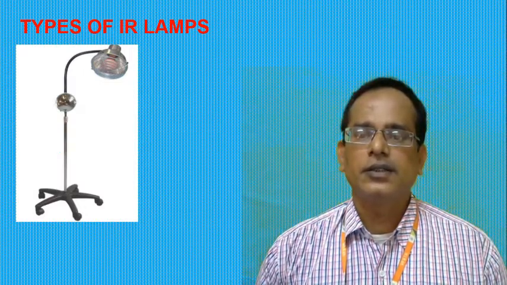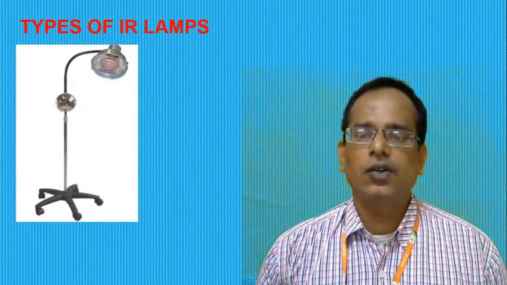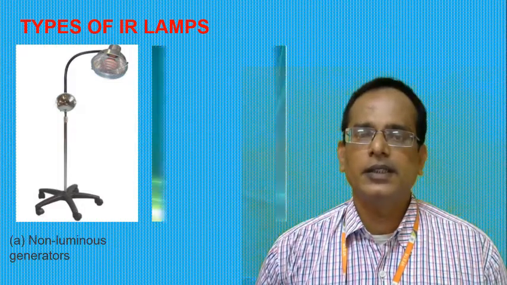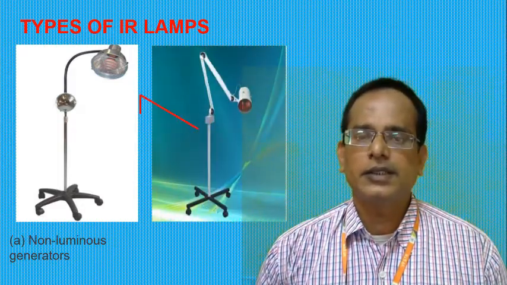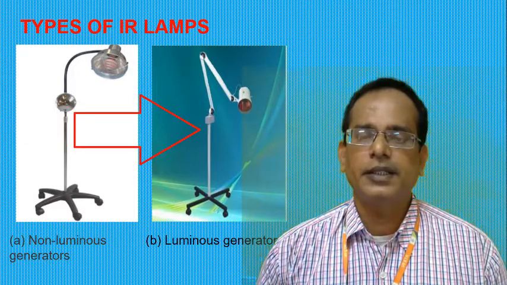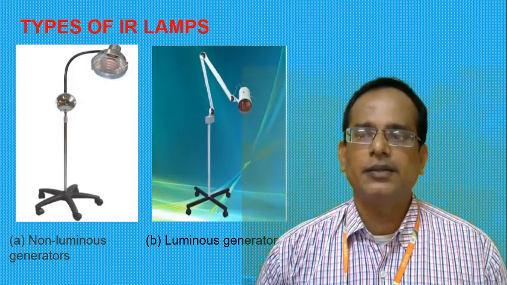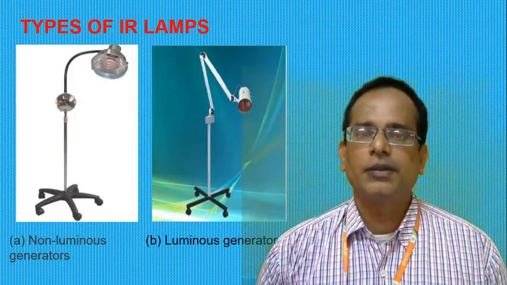These kinds of rays are called non-luminous generators, and it is focused on the human body. Another one is the luminous generator. In diagram B, it provides a luminous generator. Both are applied for providing therapeutic treatment.